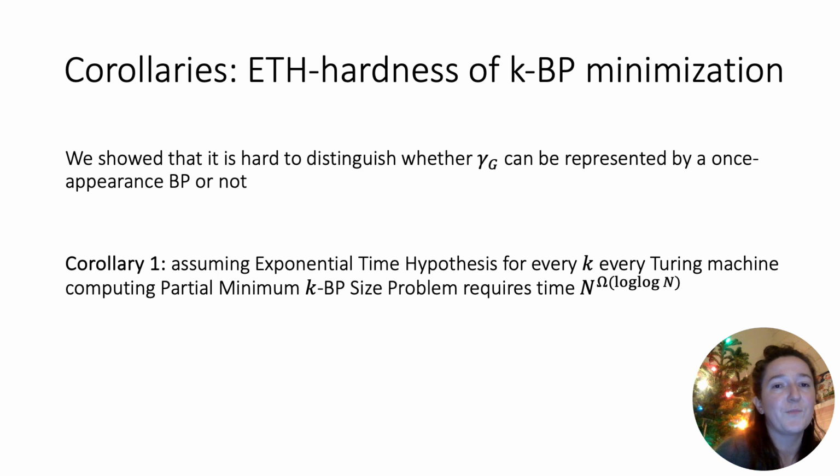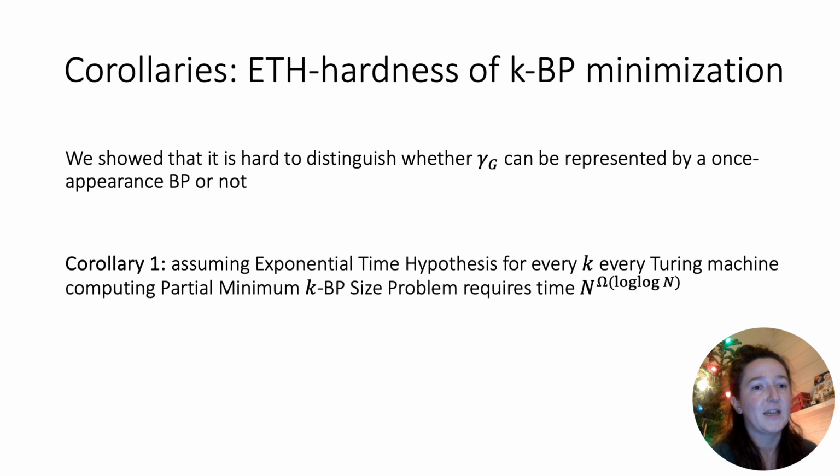So since we show ETH hardness of general branching programs through this corner case, in which we either can compress a branching program truth table to a branching program of linear size, where we query each variable exactly once, or not.